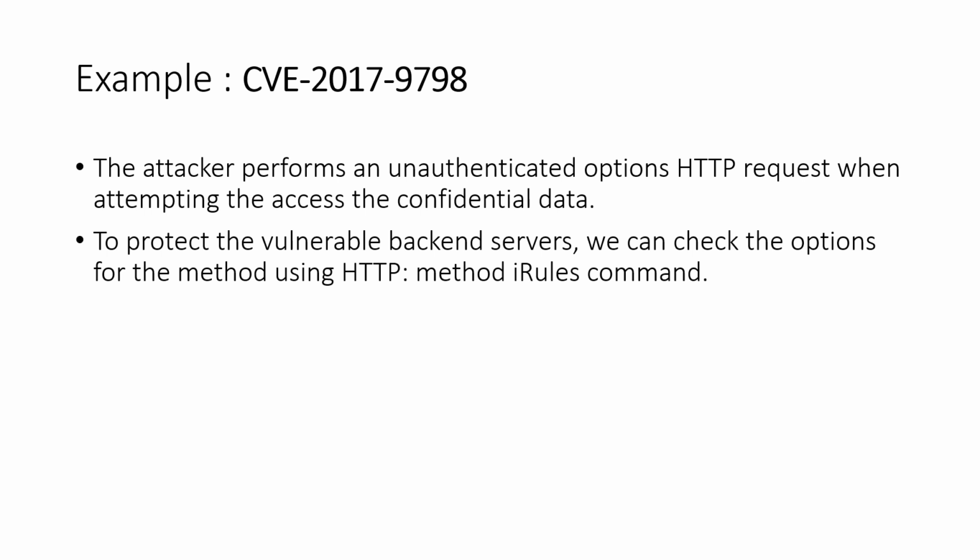While the BIG-IP system is not vulnerable, the BIG-IP system will proxy exploits to vulnerable Apache servers behind the BIG-IP system. You can protect these servers by disallowing the OPTIONS method in all requests.